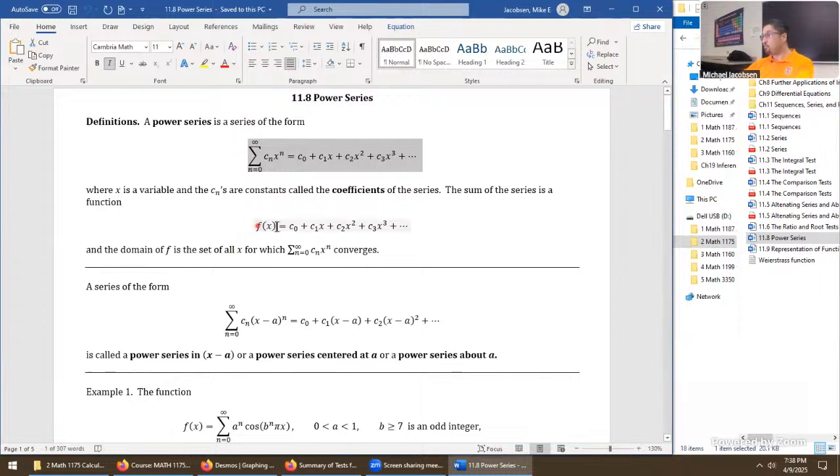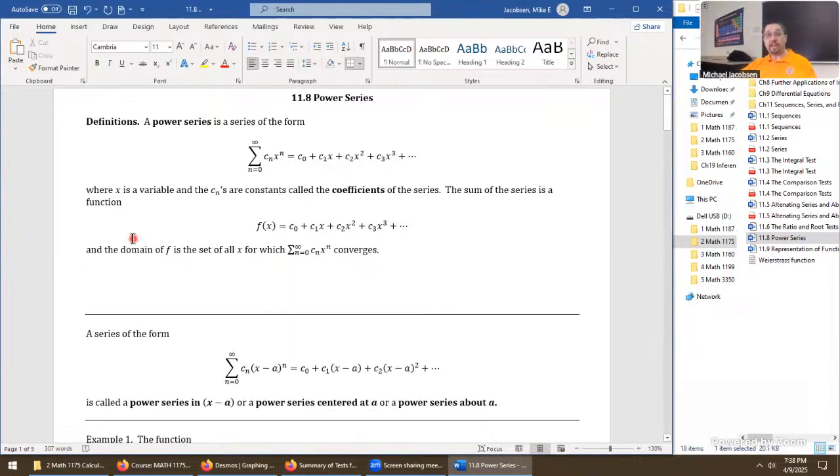We'll often even use function notation and write out f(x) represents the total sum of this series when it actually converges. And so it's equal to c_0 plus c_1 x all the way down the line. We'll say the domain of f is the set of all x for which the power series will converge.